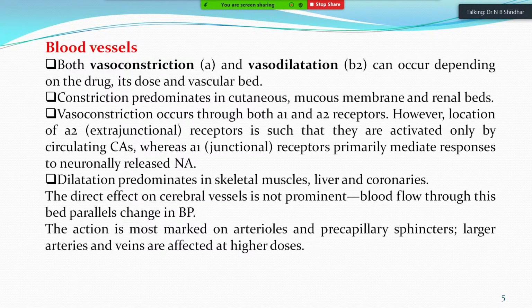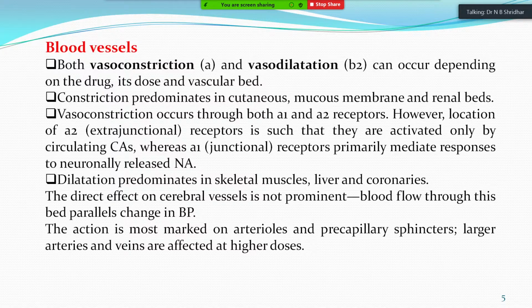In many smooth muscles constriction occurs, whereas dilatation occurs in skeletal muscles, liver and the coronary bed. More blood is required during the fight or flight reflex, and less blood should be supplied to the other organs. That's why this type of mechanism is present.